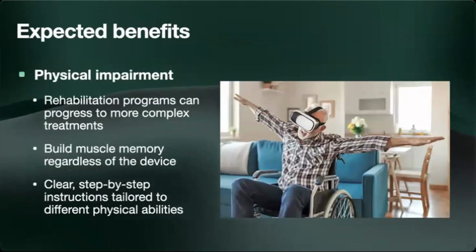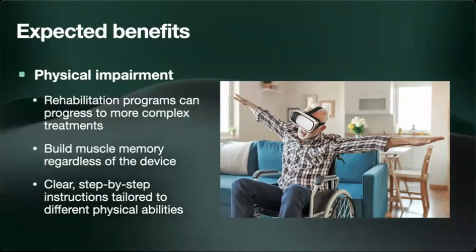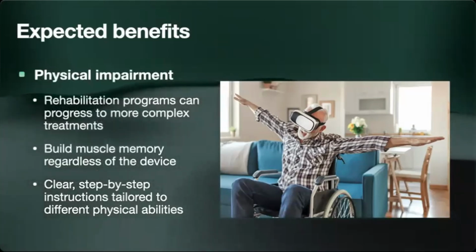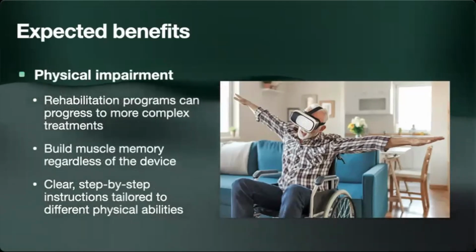And for people with physical disability or impairment, documenting movements can transform rehabilitation by offering clear step-by-step guidance for each activity. For example, someone recovering from an arm injury can follow detailed VR instructions to gently stretch and strengthen their muscles, then move on to more challenging movements once they are ready.